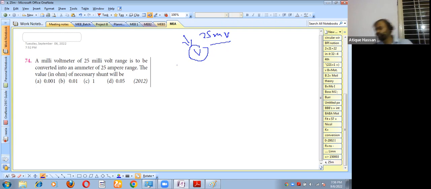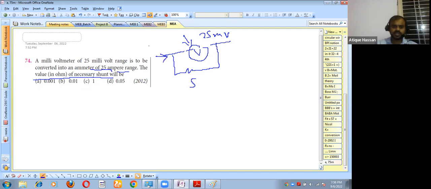To convert a voltmeter or a galvanometer into an ammeter, what do we do? We shunt a resistance. It is given in the question: necessary shunt. So suppose this shunt resistance is S, and for the ammeter of 25 ampere range, this current is 25 ampere, right? Suppose this shunt current is IS.